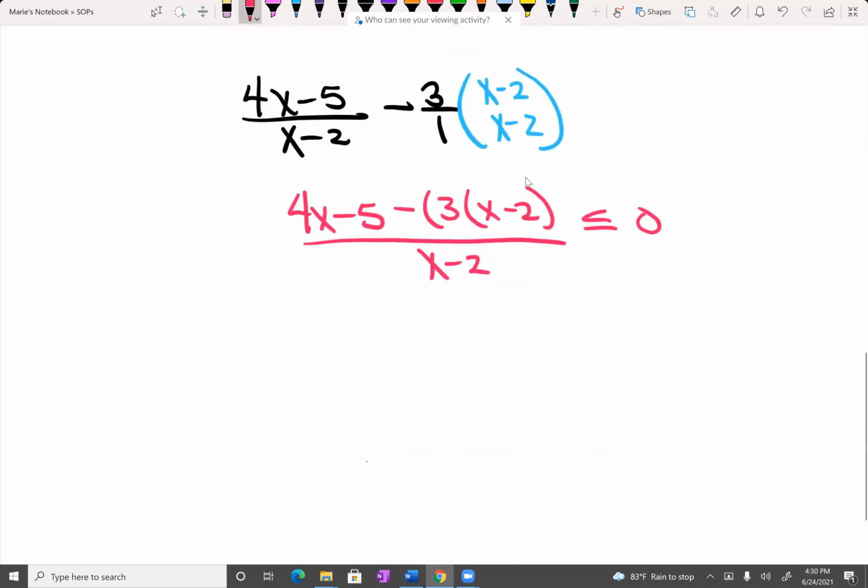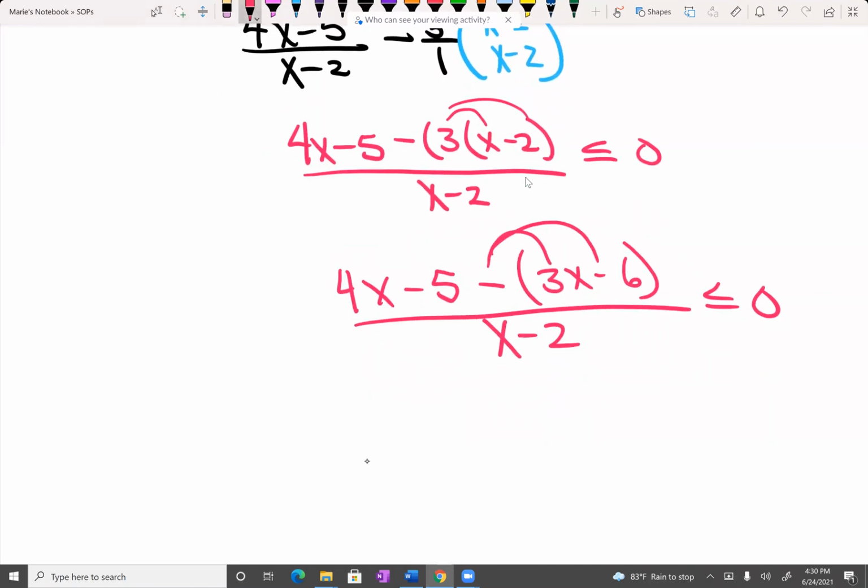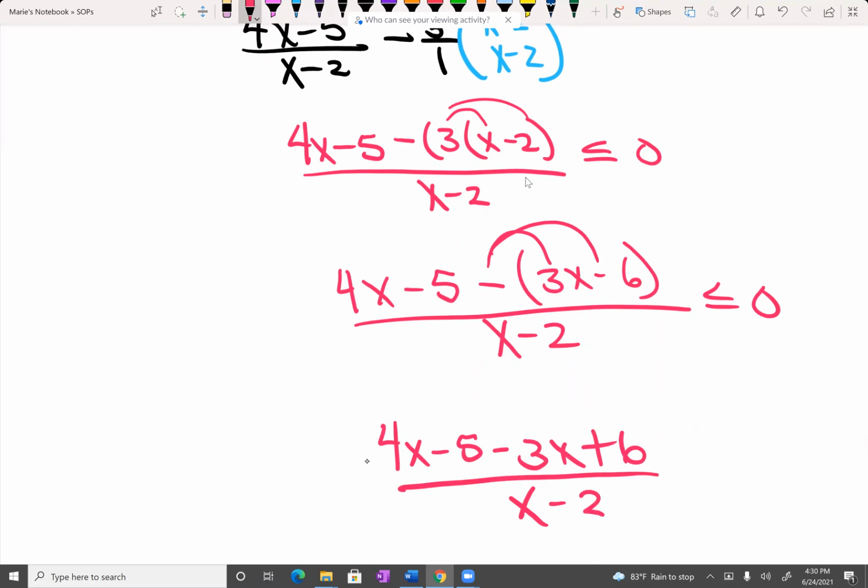So let's work this out. Distribute the 3, and this becomes 4x minus 5 minus 3x minus 6, which once I distribute the negative, this becomes 4x minus 5 minus 3x plus 6, and all of this is over x minus 2, and again, less than or equal to 0.